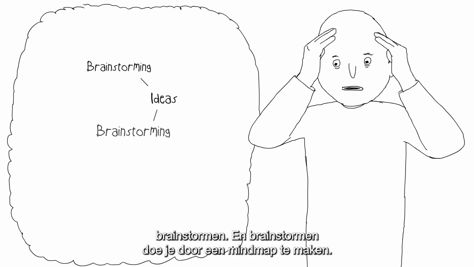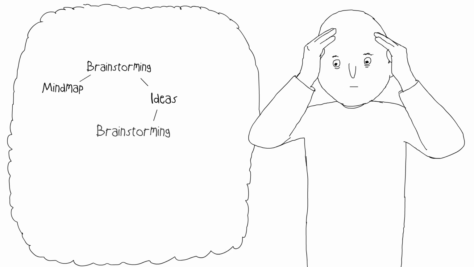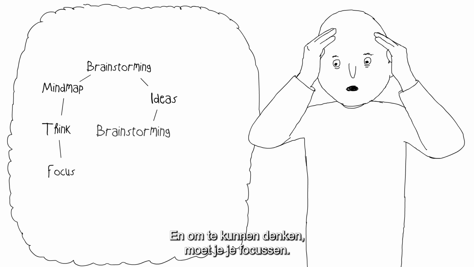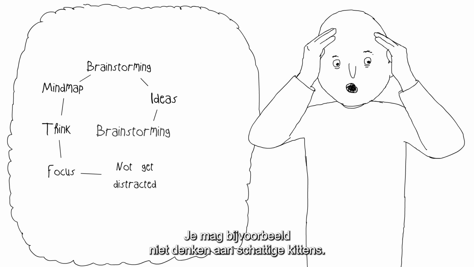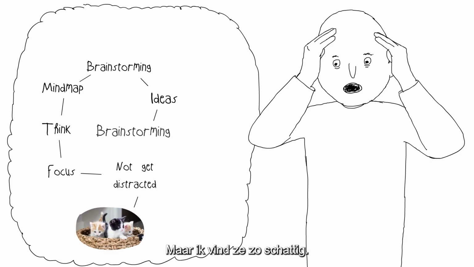And how can we brainstorm? By making a mind map. And to make a mind map, we need to think. And to think, we need to focus. Yes. And to focus, we must make sure not to get distracted. No. So, for example, we cannot think of cute little kittens. But I love cute little kittens. They are so adorable. Damn it, where was I? Never mind. Back to you, Charlotte.